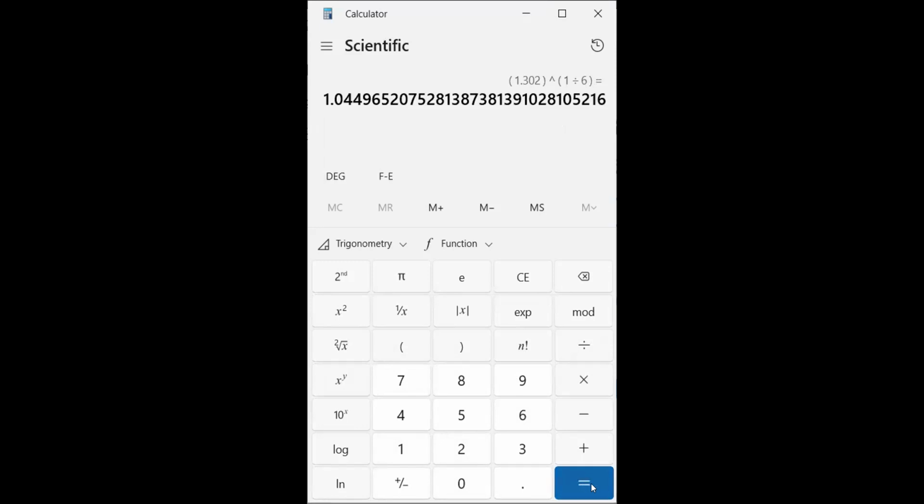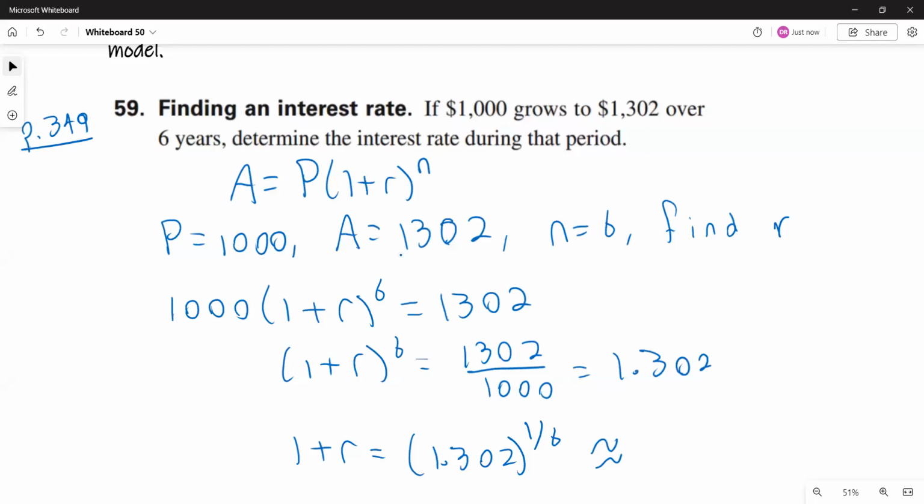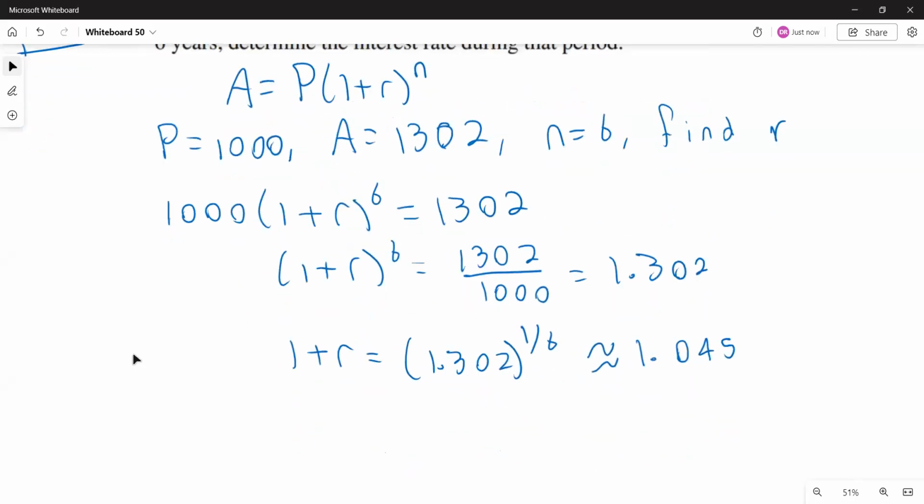So this is approximately 1.045. Subtract 1, so R is 0.045. But the interest rate is usually written as a percent, so that's going to be 4.5%.